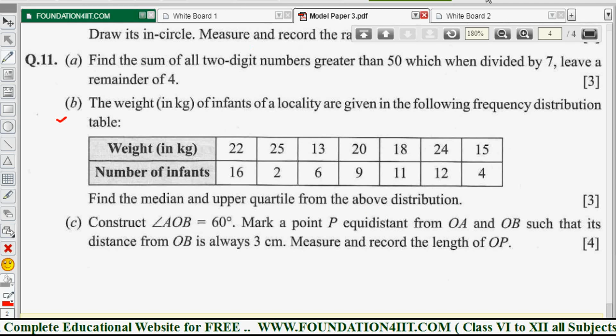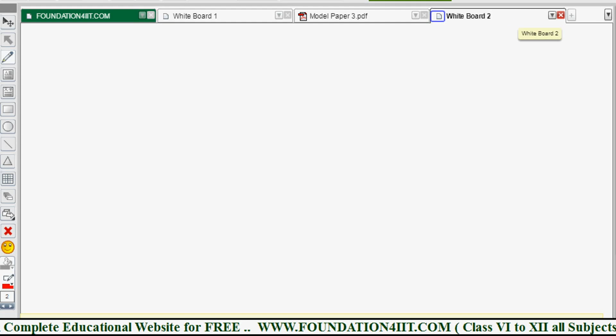Okay, let me show the table first, how to make it.